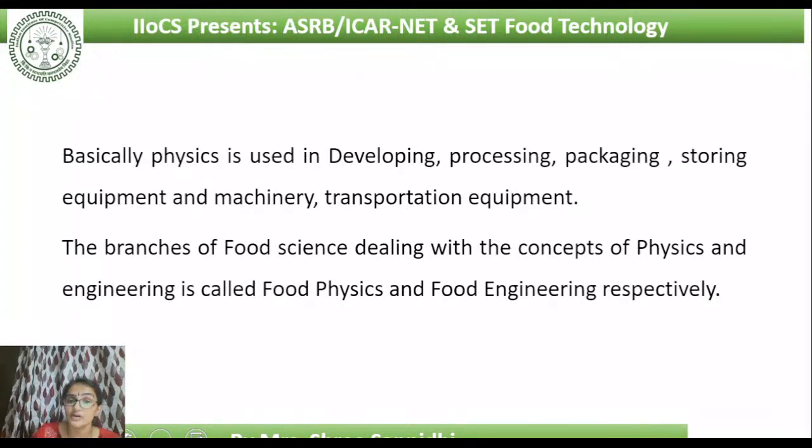The branches of food science dealing with the concepts of physics and engineering are called food physics and food engineering respectively. The study of concepts of physics in food science is called food physics, and the study or application of concepts of engineering is called food engineering.